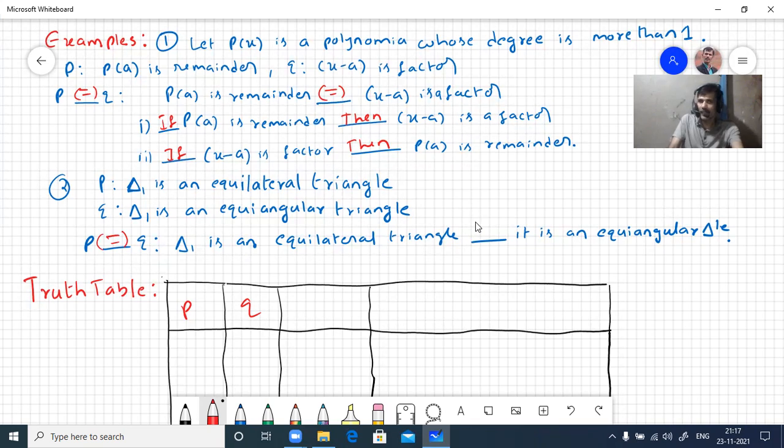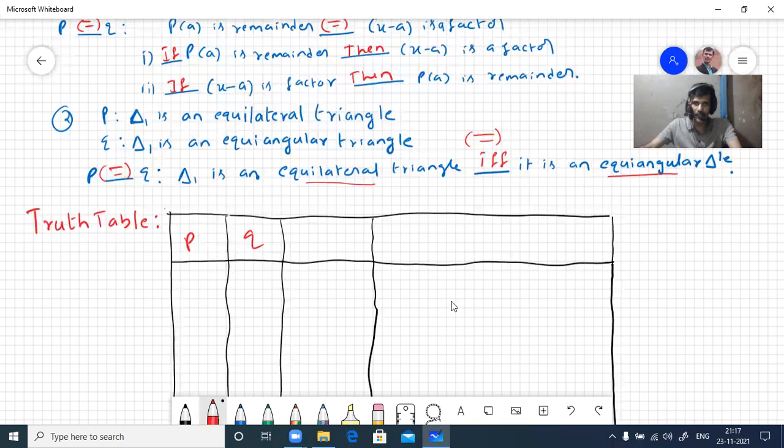If triangle 1 is an equilateral triangle if and only if it is an equiangular triangle, or I can use the bi-implies symbol. In an equilateral triangle, we know all three sides are equal. Equiangular means all three angles are equal, each measuring 60 degrees. This is how we write biimplication.